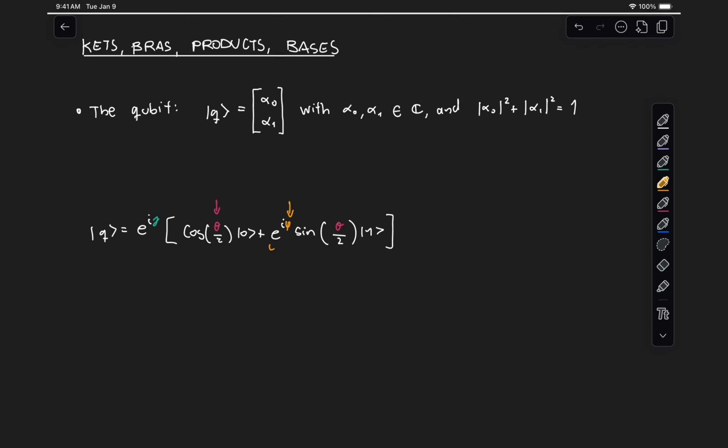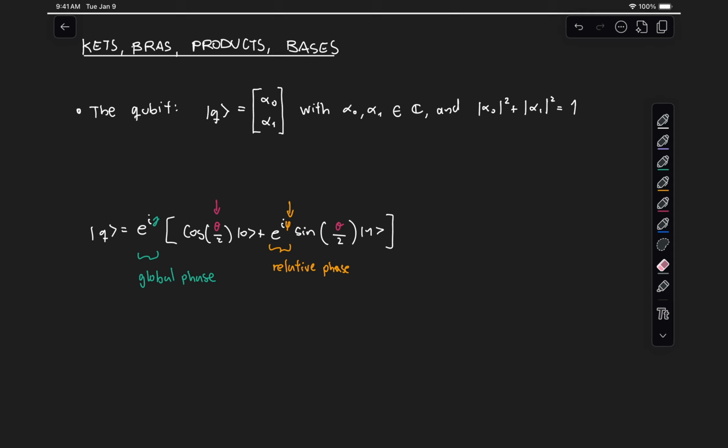We also mentioned that this angle of phi is what is known as the relative phase, since it represents a phase difference between state 1 and state 0, and this value of gamma is what is known as the global phase, which, since it multiplies both the probability amplitudes for 0 and 1, has no consequence in the values that we observe for the probabilities of measuring these two states.